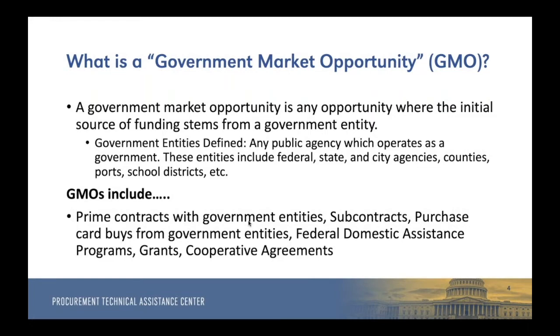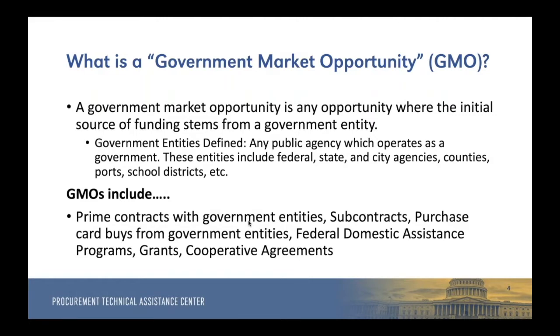One I like to think of that a lot of people maybe don't think of right away is the University of Nebraska purchasing system. They operate as kind of a government entity where there are certain restrictions and certain things that you have to do in order to do business with them. So that's what we're defining here as a government market opportunity.